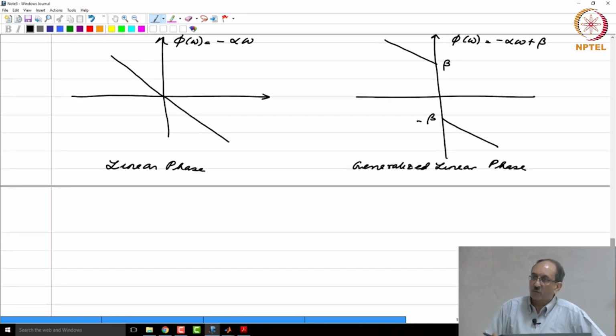Therefore, what we are going to do is we are going to impose linear phase on the system, and then we will ask the question, what condition is satisfied when the system has generalized linear phase.